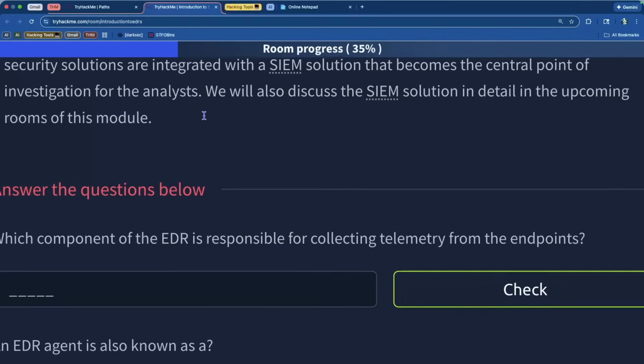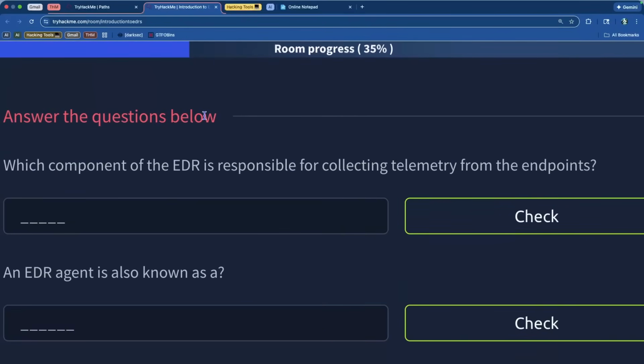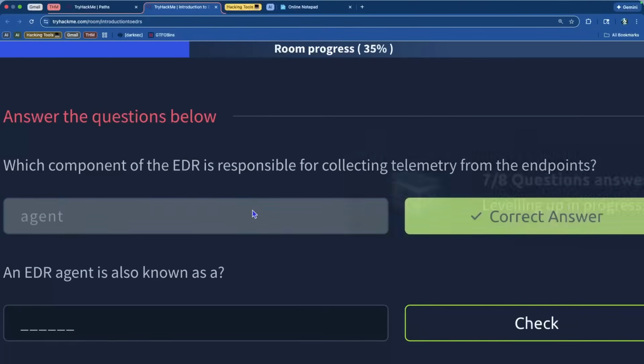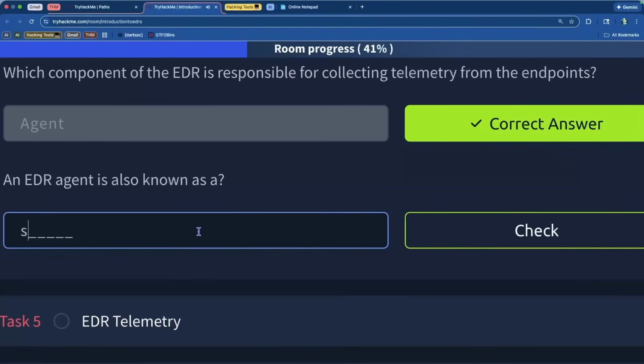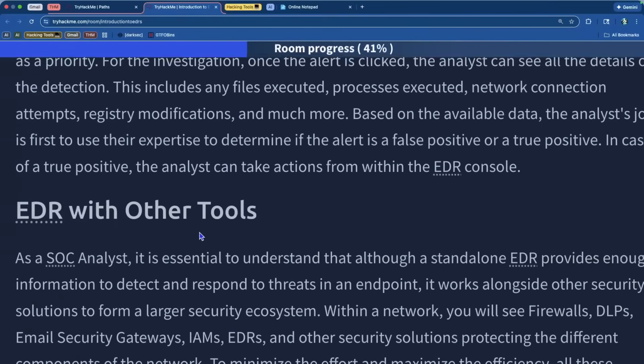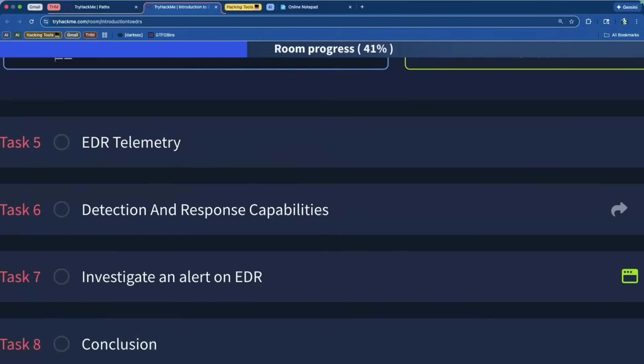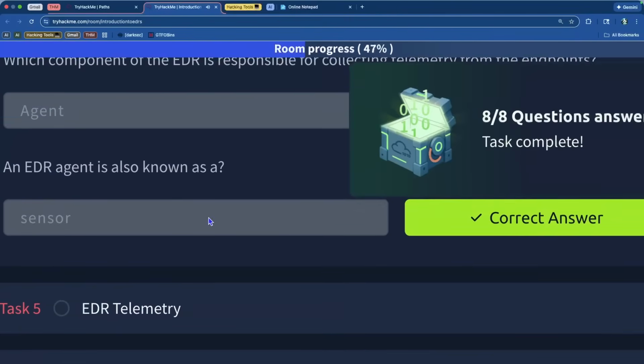Which component of the EDR is responsible for collecting telemetry from endpoints? Basically, what is installed on the endpoint, and that would be the agent. An EDR agent is also known as a sensor. Yes, very good.